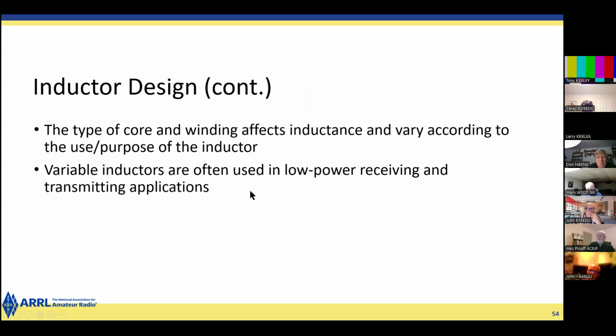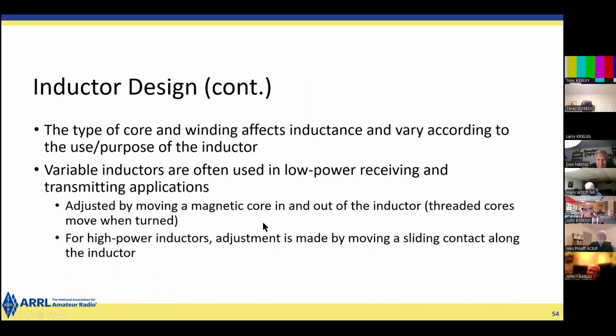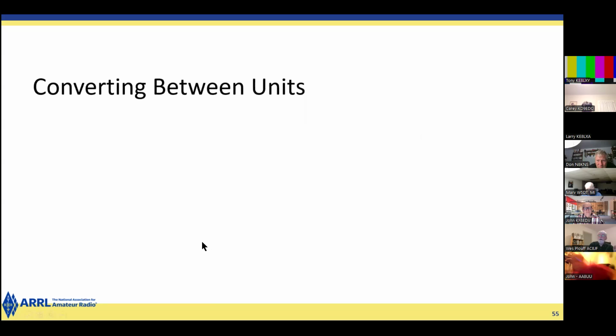Variable inductors are often used in low power receiving and transmitting applications. As I was saying for the previous slide, you can move a core in and out of an inductor. You can adjust it to move it partway in or out. Or for high power inductors, for instance in antenna tuners, you'll see these sliding contacts, so that you increase the number of turns in a coil that are active, or reduce the number of turns that are active.